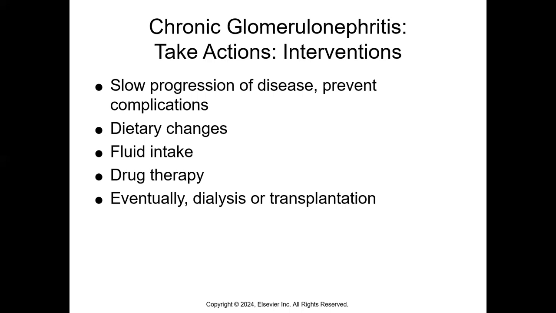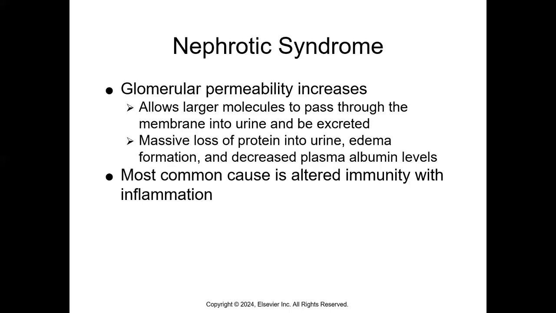As the kidneys stop processing the fluid, they're not able to get the fluid out of the body. So dialysis will be needed or potentially a kidney transplant to be able to help regulate the acid-base balance, regulate the electrolytes, and regulate the fluid balance of the body.